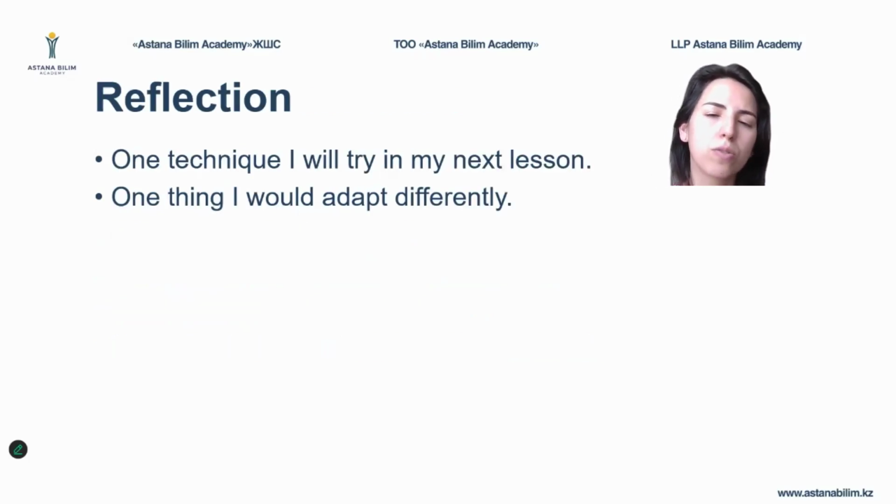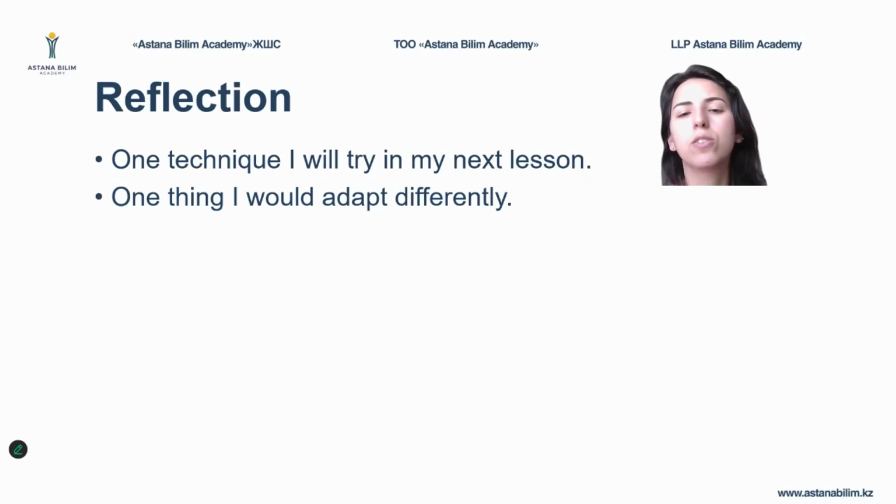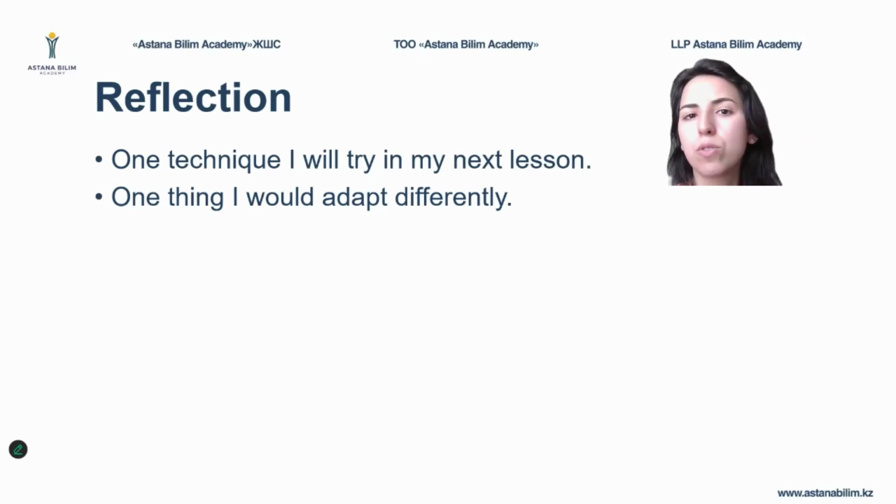So please now pause the video and think about one technique that you will definitely try in your next lesson. Is it maybe an error correction technique? Is it eliciting? Maybe it's just the meaning and form stage. Maybe you will set the context using pictures or a story about a boyfriend and girlfriend.